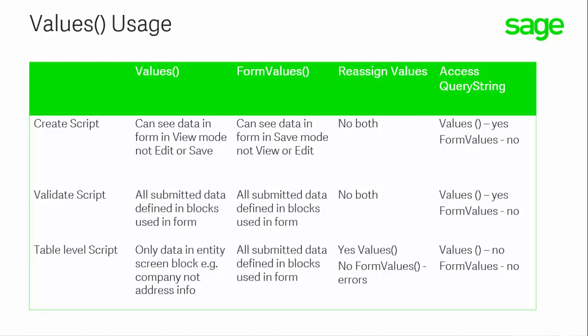The values and form values methods that read the inbound data actually have subtle differences. You've got these two methods that you can use to capture inbound data: values and form values. Values allows us to get hold of the data within fields associated with an individual screen.